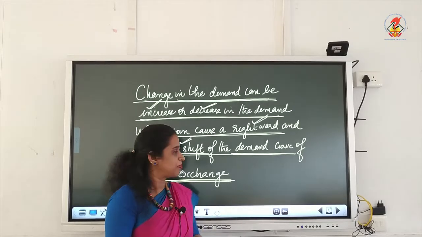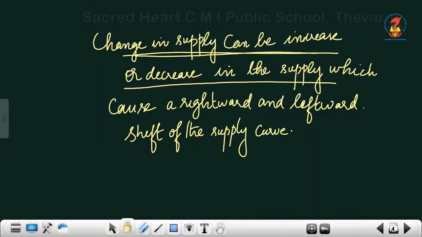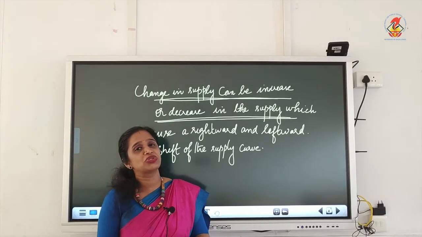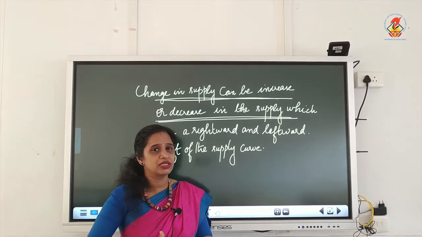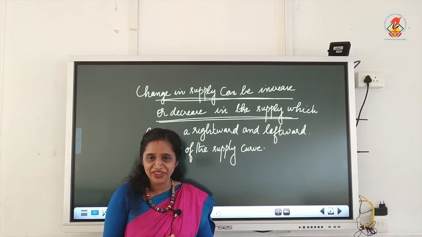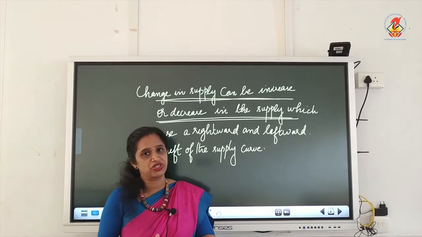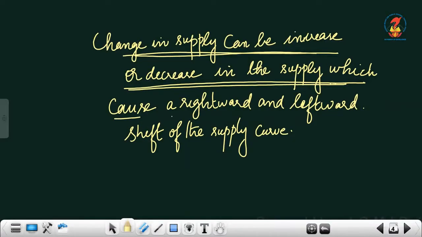Similarly, change in the supply can also be increase or decrease. If it is an increase in the supply, it will be represented by the rightward shift of the supply curve, and if it is a decrease in the supply, it will be represented by the leftward shift of the supply curve.